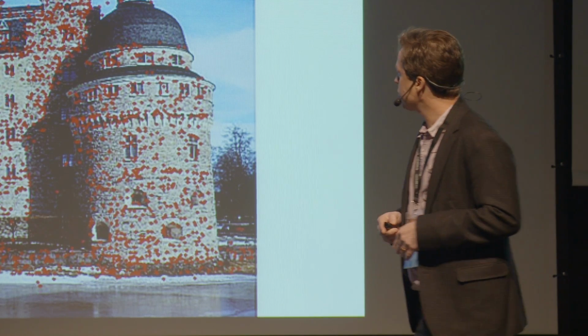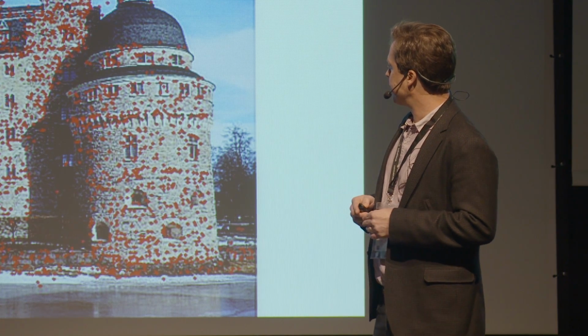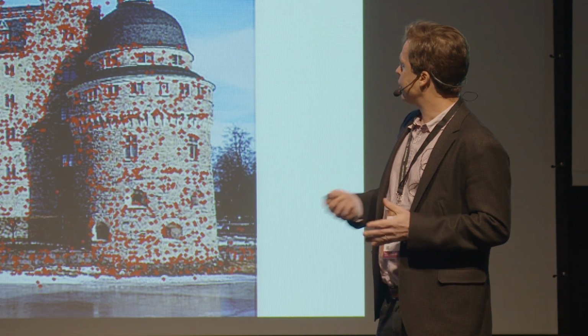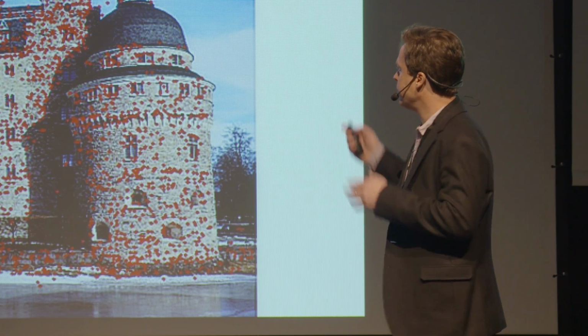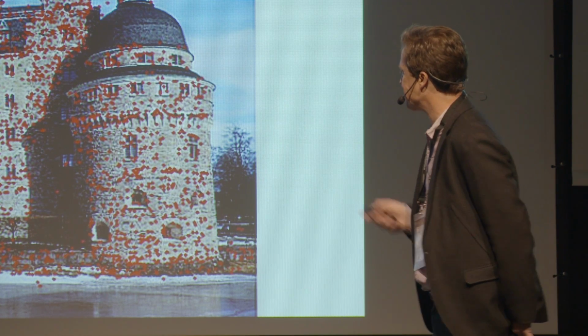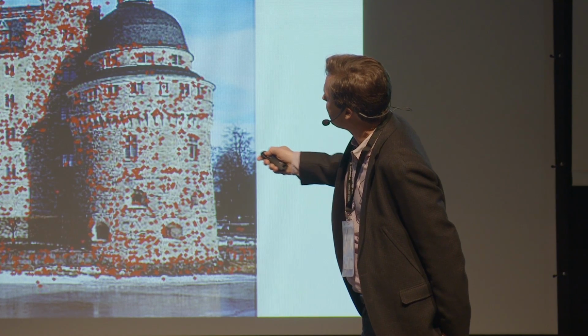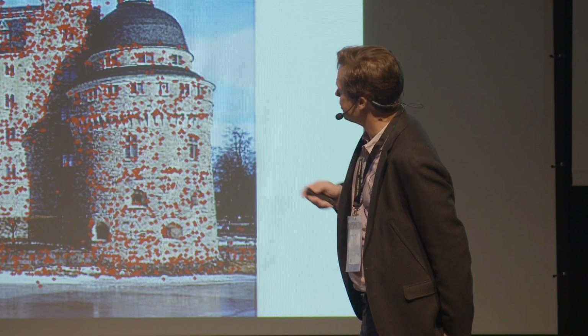All right, so how do you do this? Here's an example of the reconstruction pipeline. So you have your images, and maybe you noticed that we have used the same images, but I think that's fine. These are from Örebro Castle. We have extracted a bunch of interest points here in red.